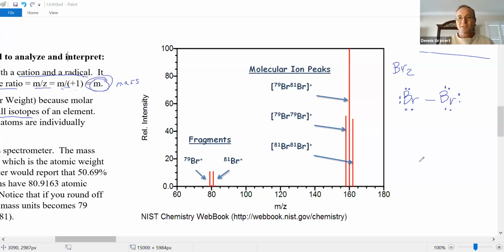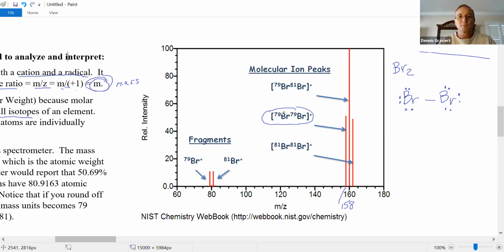Okay, so for the Br2 molecule, sometimes both bromine atoms are mass 79. Add those together, that should be 158. And right here, this arrow pointing to the first line, this value is 158 mass units.